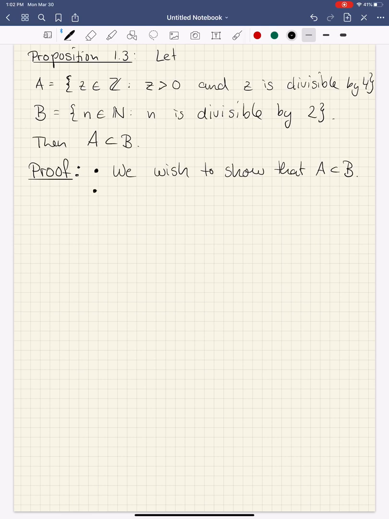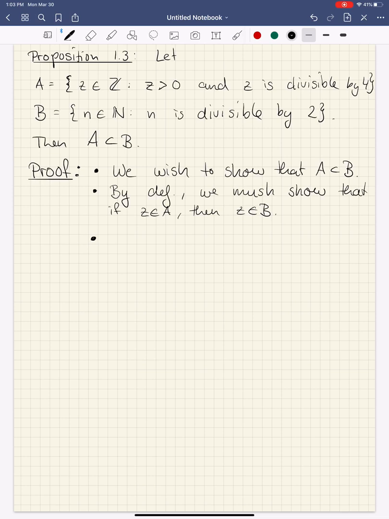Okay, then the second bullet point, we repeat this. So we're really just copying the guidelines. By definition, we must show that if z is in A, then z is in B. Now let's go to the third bullet point.